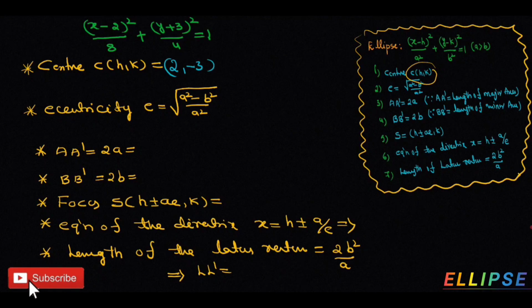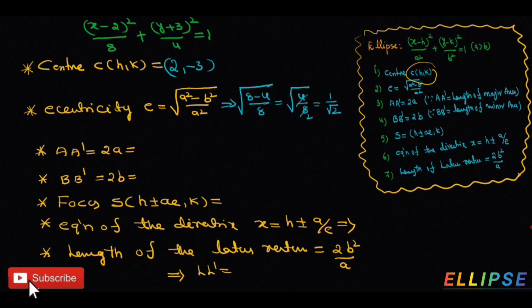Second, eccentricity: the formula is e equal to root of a square minus b square by a square, which is root of 8 minus 4 by 8, equal to root of 4 by 8, that is 1 by root 2. This is the eccentricity.